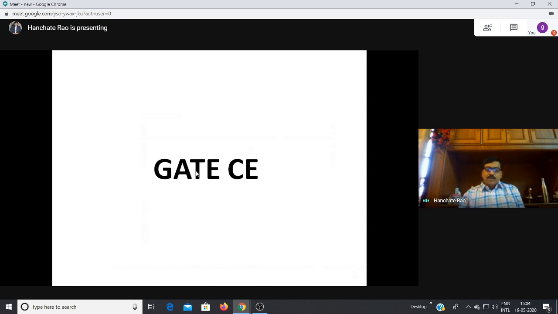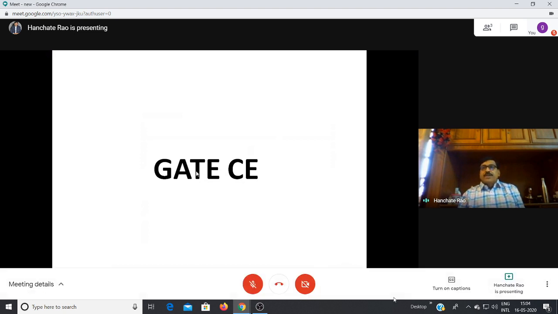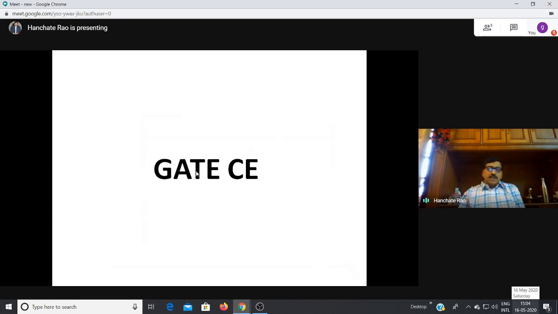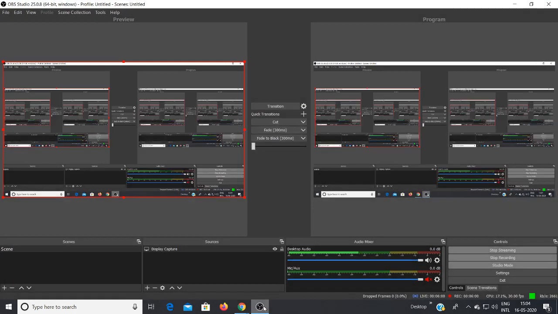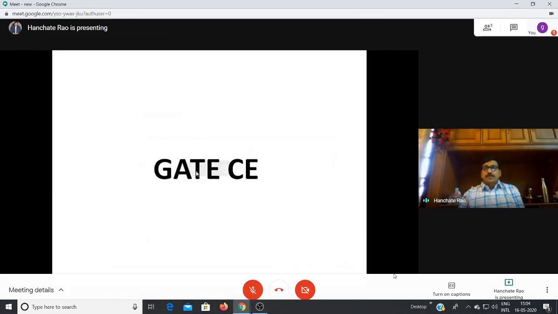What about using other materials like copper and silver for reinforcement? If you consider RCC, reinforced cement concrete, we use steel. It's not iron. We are using steel as the reinforcement.